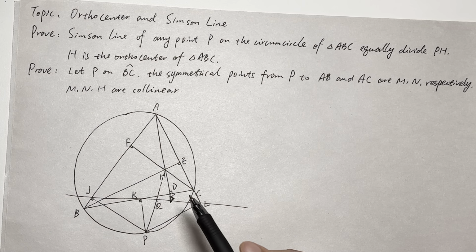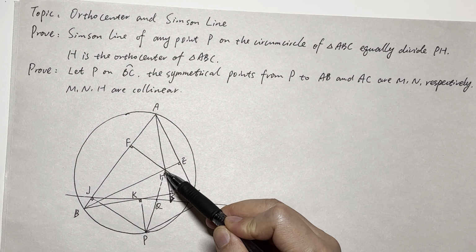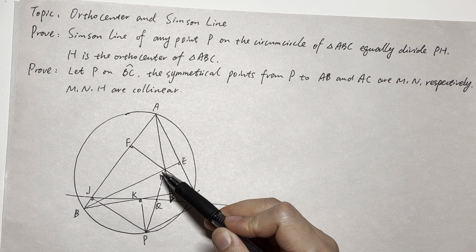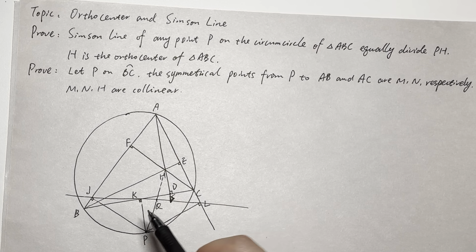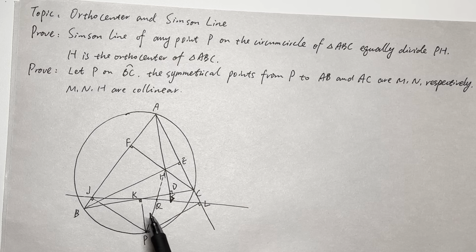So the problem becomes that if we can prove KPSH is a parallelogram, then we directly prove that KS and HP equally divide each other, right? Which means the midpoint of PH is on the Simson line.